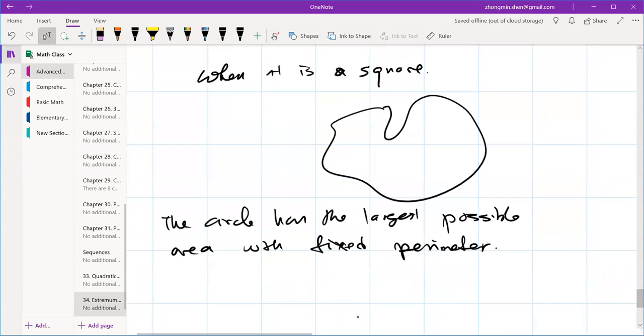And maybe you can figure out what is the largest possible. Think about it. If you only consider triangles, among all the triangles with a fixed perimeter, what type of triangle has the largest possible area? I guess it's an equilateral triangle, but is it possible to prove it? We don't know. It's hard to prove, and it requires more advanced mathematics.